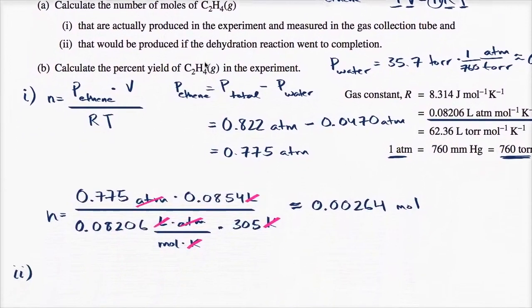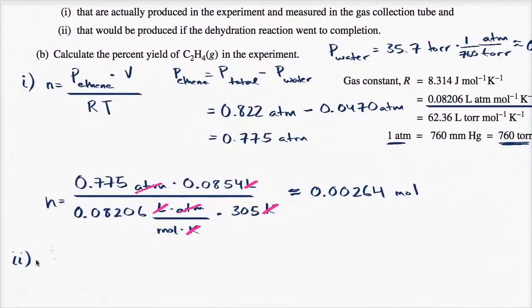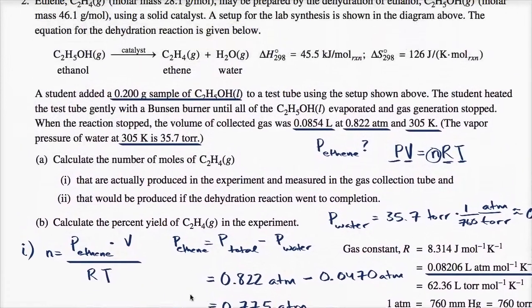So for ethanol, we are starting with 0.200 grams, and we want to convert this to moles. So we want to multiply this times grams in the denominator to cancel out with this grams, and moles in the numerator. So 1 mole of ethanol has a mass of how many grams? Well, they tell us that earlier on in the problem.